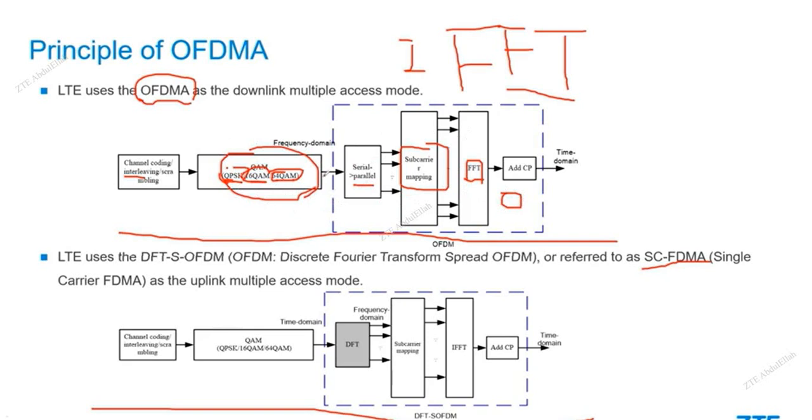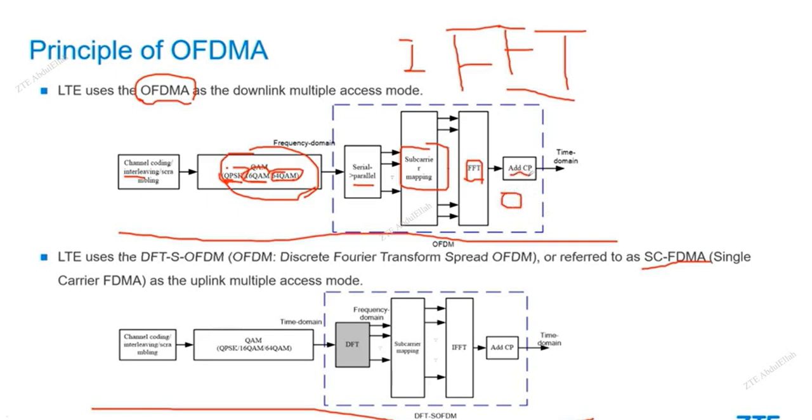This one is the original signal, only time domain. But after IFFT, the time domain signal actually includes so much frequency information. But after IFFT, our signal cannot be transmitted directly.